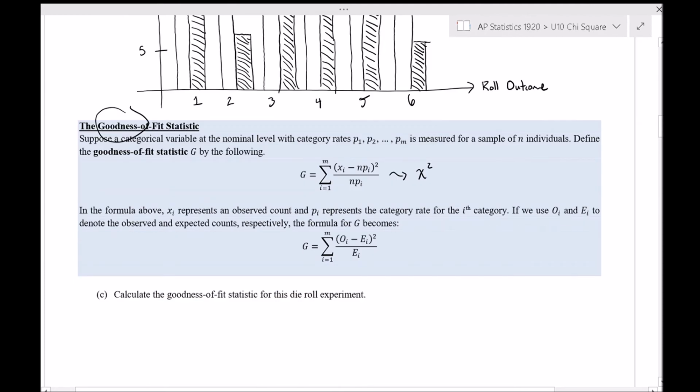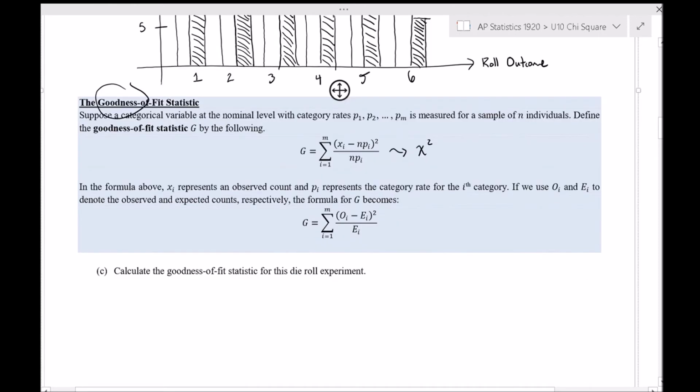The formula sheets on an AP Bio exam or an AP Statistics exam, because these are the two areas where you'll see this type of test, normally have this, but they don't call it G, they call it chi-square. Because the theorem is if the large sample condition is satisfied, then that's practically a chi-square, just like a z-score is practically normally distributed as long as the sample size is big enough. Same idea. So we're going to stray away from using the letter G, and we're going to use chi-square in its place.